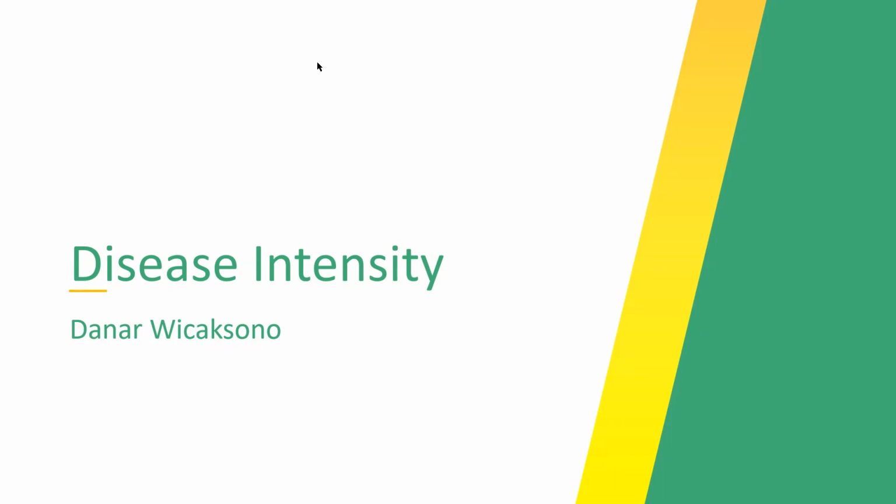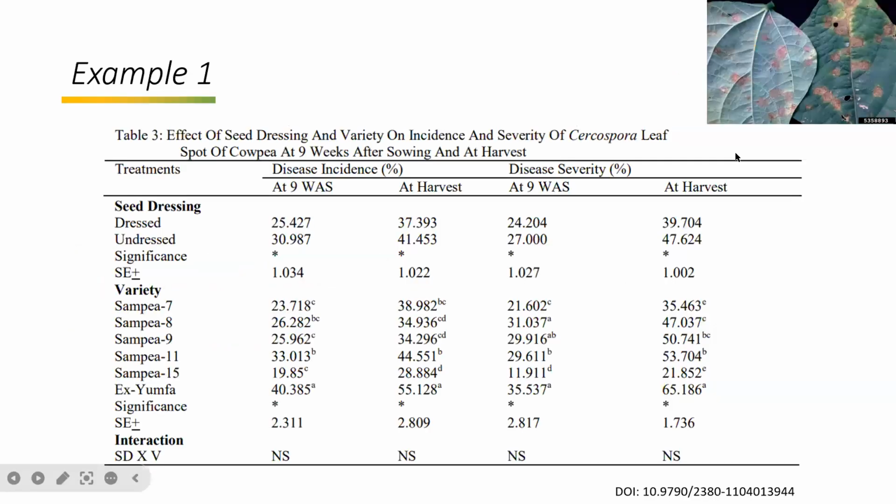Today, we will discuss disease intensity, or sometimes we also call it disease severity. I have a table here: effect of seed dressing and variety on incidence and severity of Cercospora leaf spot.